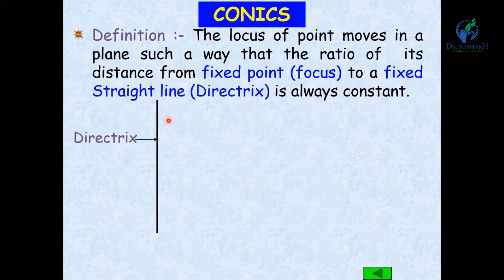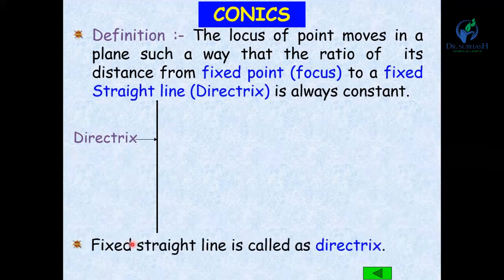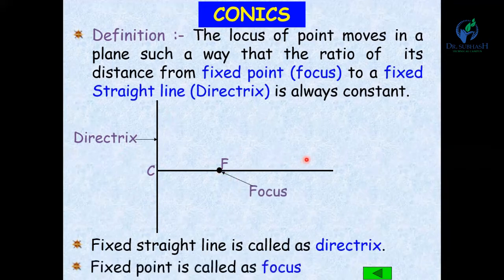You can see this fixed straight line is known as the directrix. A line which is perpendicular to this directrix, on which the point F is there. So this point F is known as the focus. The fixed point is called the focus. Now as per our definition, this is a curve, and the intersection point of this directrix and this axis is known as the vertex.